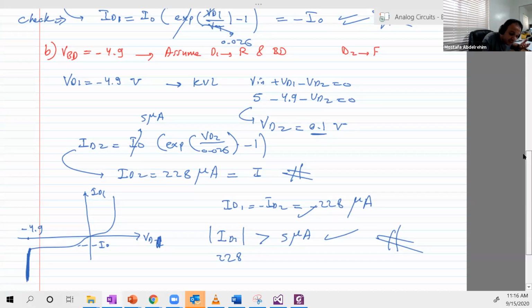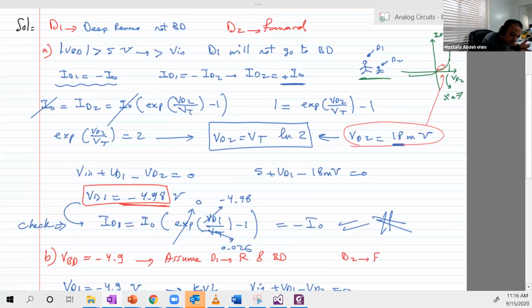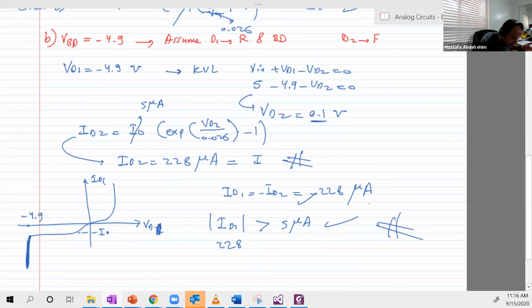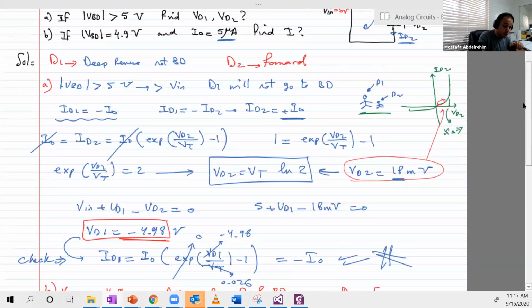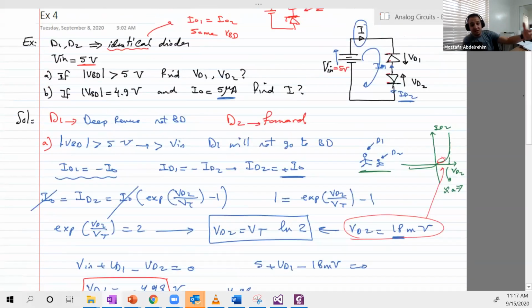We are still far away from VD2 of 0.7 volt. So again, the current was very small, in microamps, only 200 microamps. In particular for that diode, if you go to 0.7 or beyond, you will probably find the current in milliamps, very high, or maybe amps.